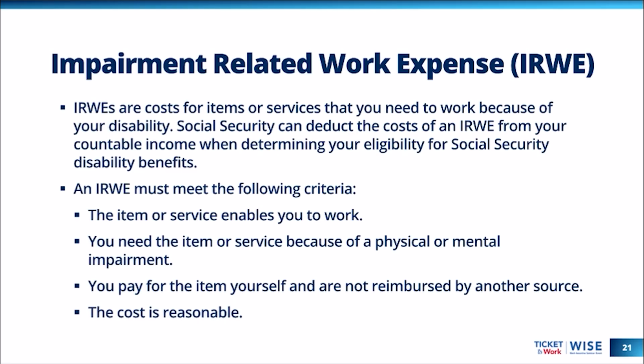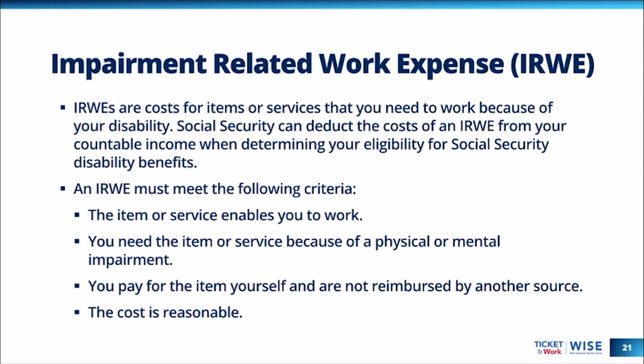They must meet the criteria that are set forth by Social Security. It's an item or a service that enables you to work. My physical therapy allows me to work. You need the item or service because of a physical or mental impairment. I need it because of a physical impairment. You pay for the item yourself and are not reimbursed by any source.